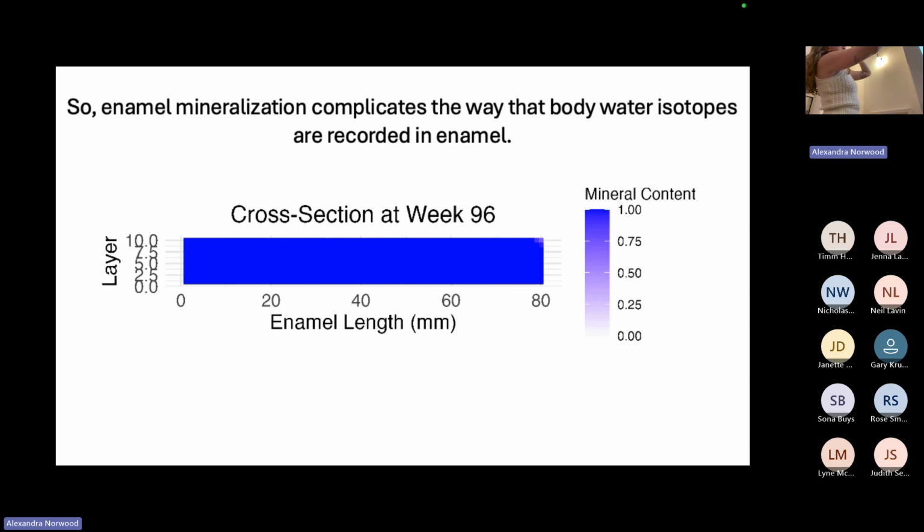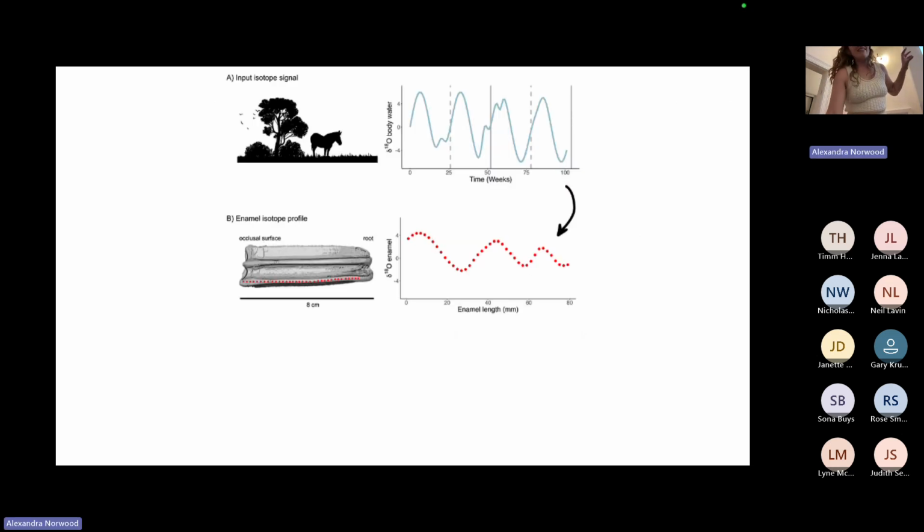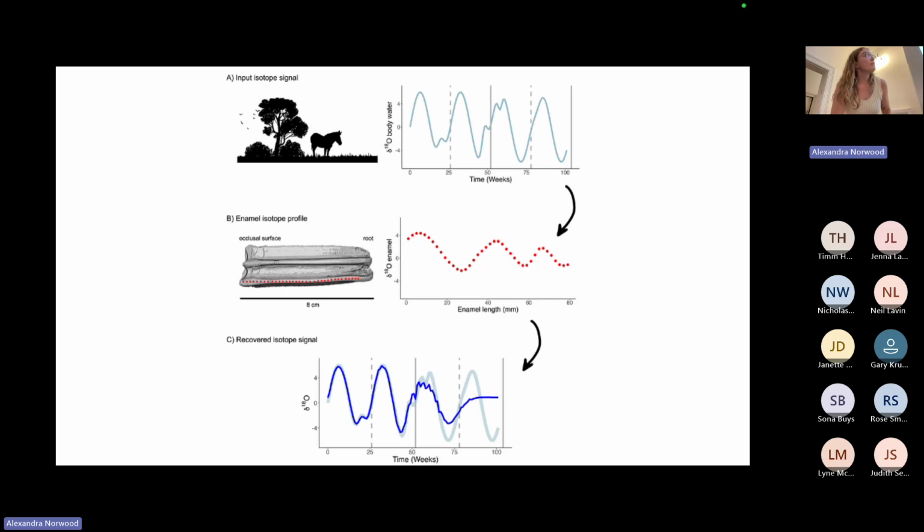So we're getting a lot going on in 102 weeks here. And this is what's causing this problem. We're averaging through time in all of our little samples of enamel, and that's causing us to lose variation in the original input data. But we can build models that allow us to recover the signal that was input.